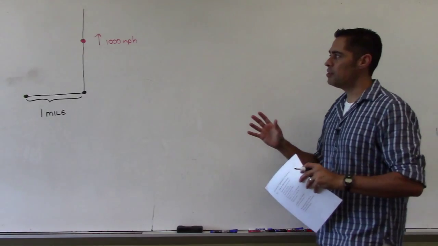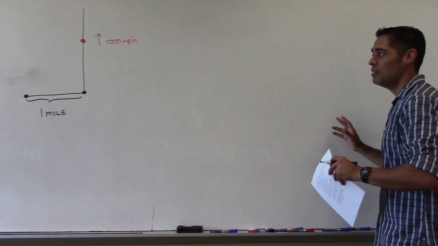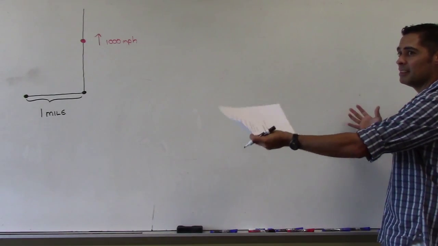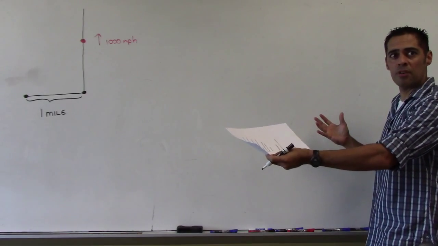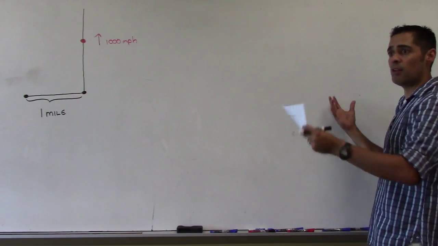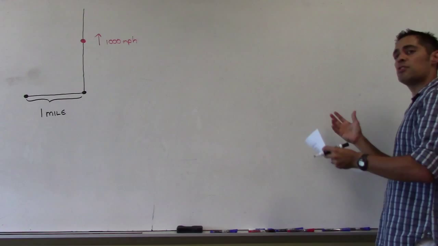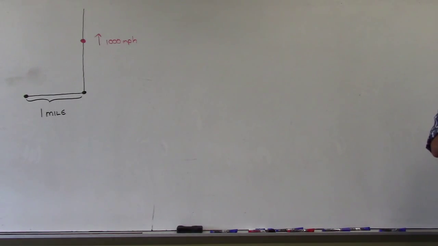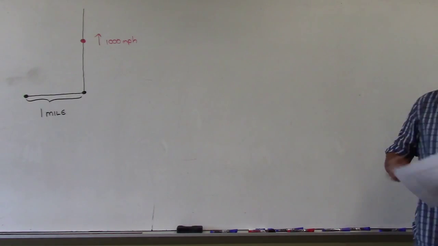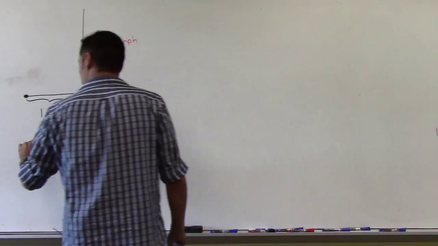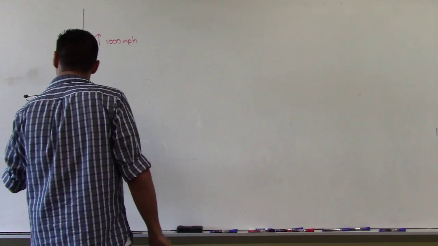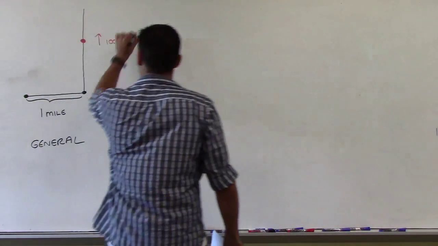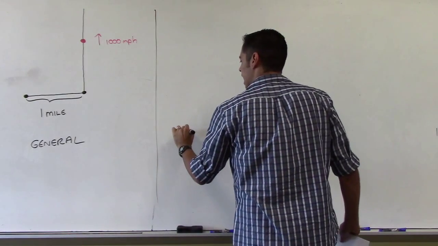I always told my students with related rates to do two different pictures: one picture of what's happening in general, and another picture of what's happening exactly at the moment we're talking about. So I'm going to let this one over here be my general picture, and another picture over here is going to be the exact moment in time.